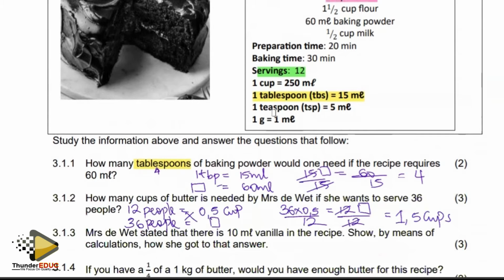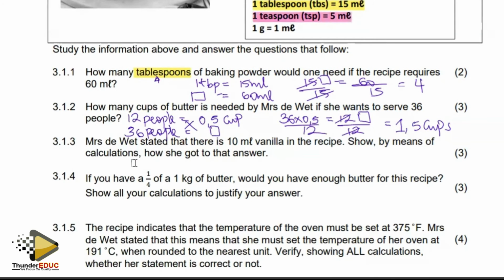A teaspoon has 5 mils. So if 1 teaspoon has 5 mils, what about the 2? You see how we cross multiply? So 1 times the answer equals 5 times 2, and the answer became 10. This is how she got it.